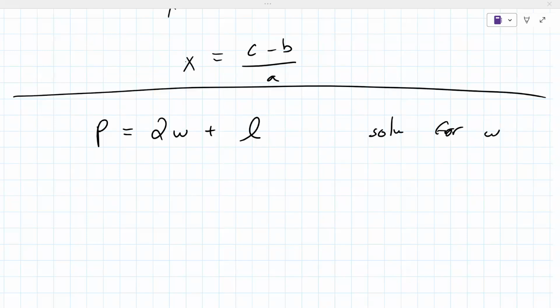Okay. I got W equals P minus C over 2. Okay, it's L though.